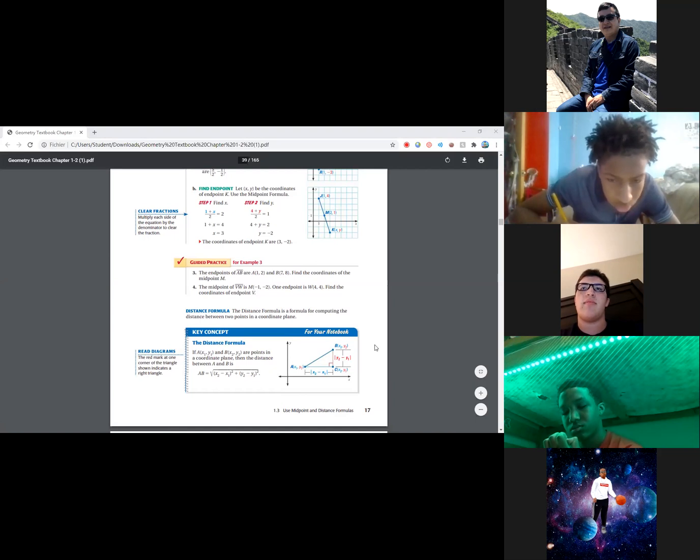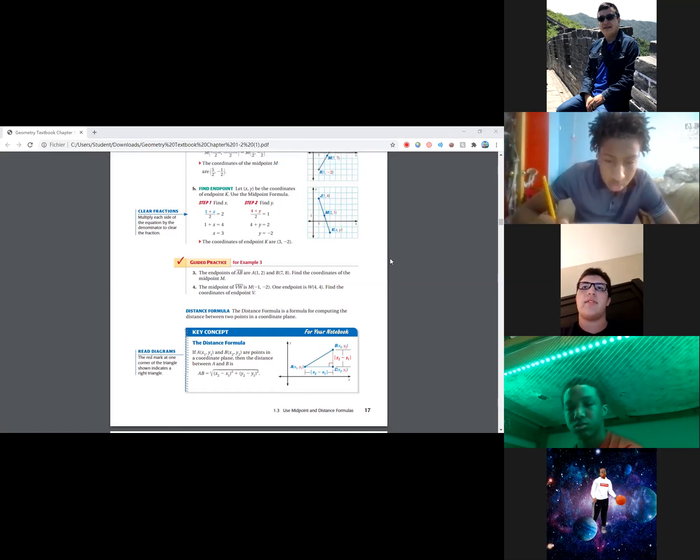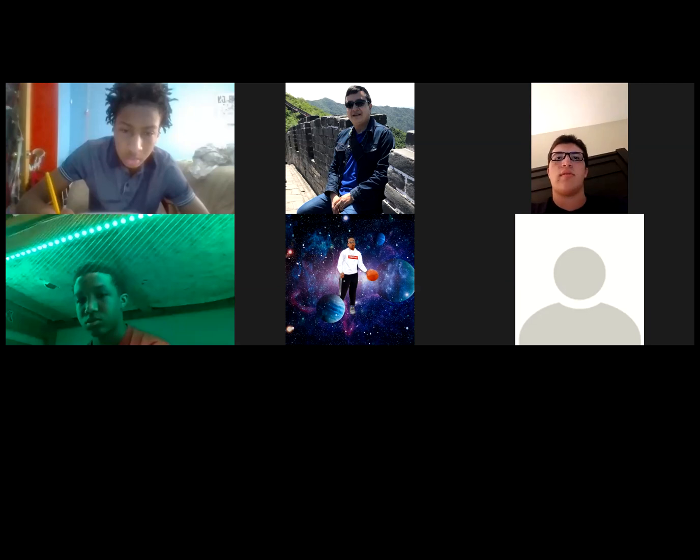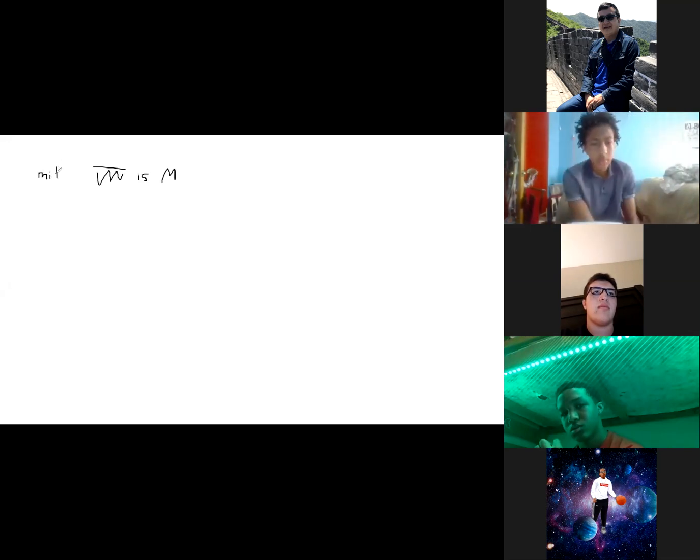Wait, but let me write it out to make sure. Okay, so I'll bring up the whiteboard again. What we know from this problem is it says the midpoint of line VW is M. I'm just writing mid for short for midpoint.